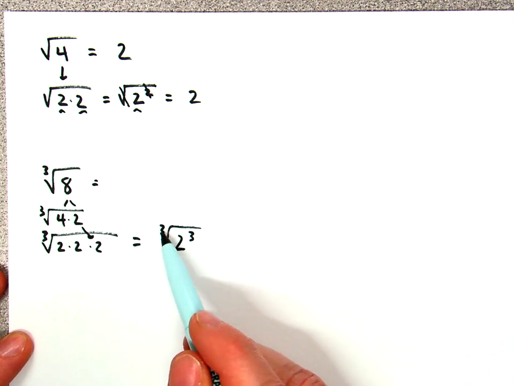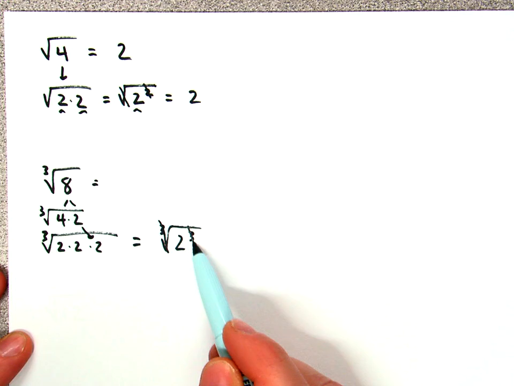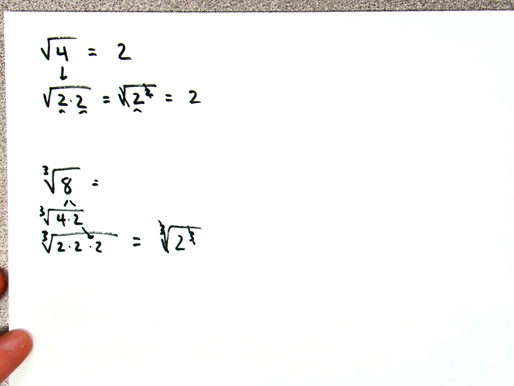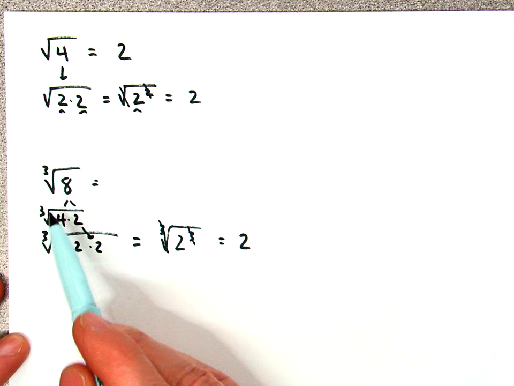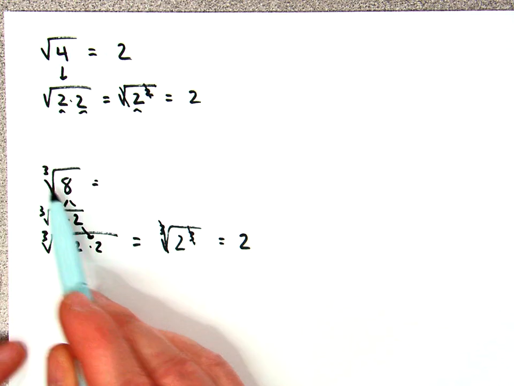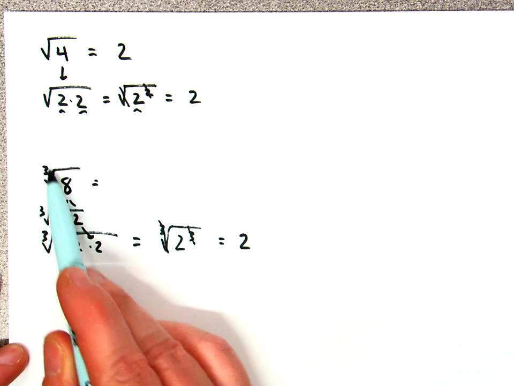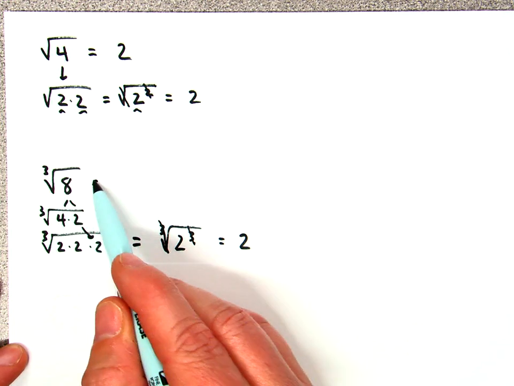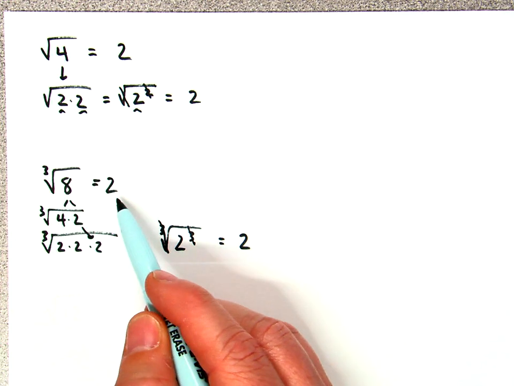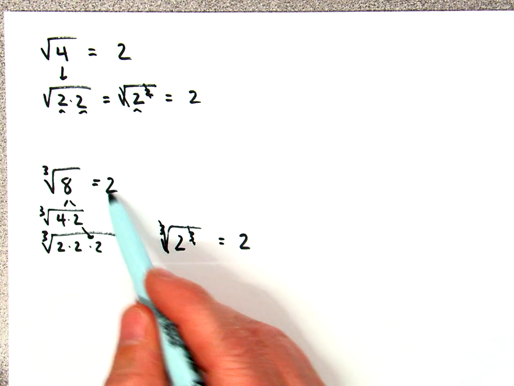And same theory here. A cube root cancels a cube, or a power of 3, which would leave us with just the 2 underneath. Or what number times itself 3 times, right? Because this index here is 3. What number times itself 3 times would give us 8? Well, 2 times 2 times 2 is 8. So we know that the cube root of 8 is 2.